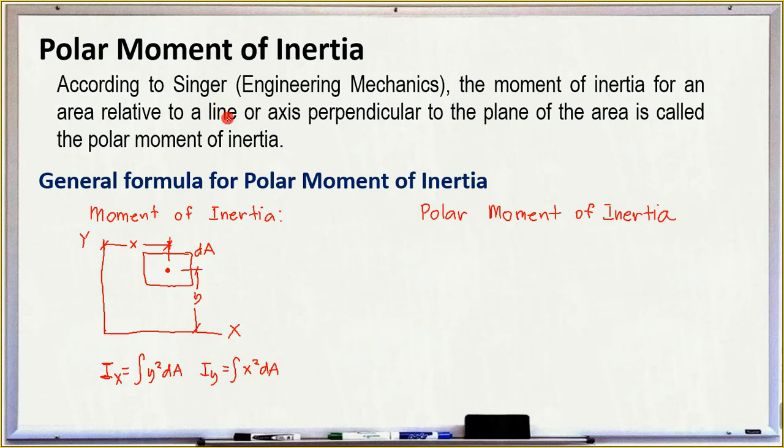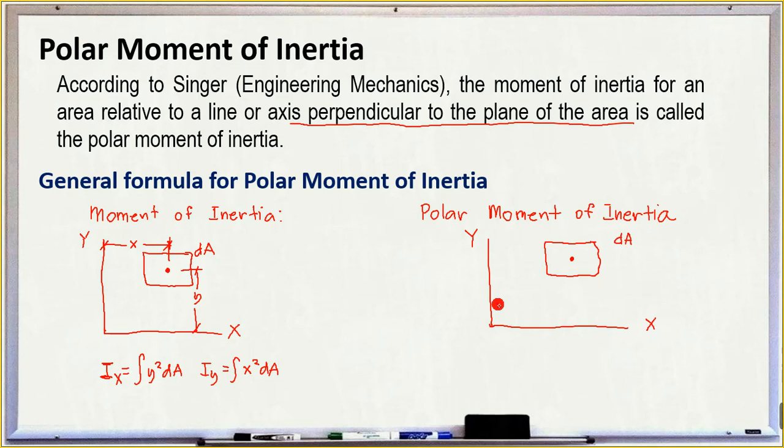However, from the statement above, that axis or line should be perpendicular to the plane of the area. Here, if we have this Cartesian coordinate plane, this is y, this is x. If this is our area, same area lang gyapon, assuming that this is a complex area and this is its centroid, still nagyapon siya differential area.